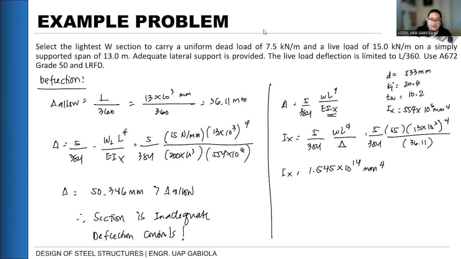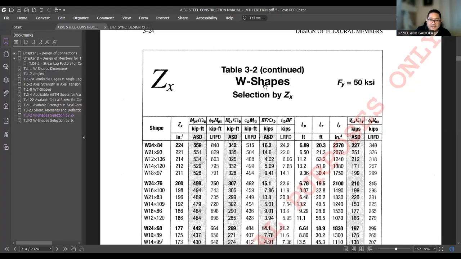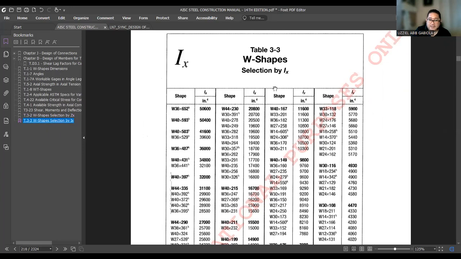So, punta tayo kay AASC. Yung kanina, selection ng shape by ZX. Pag tingnan natin yung table 3-3, selection by IX siya. No? So, kailangan yung mm to the fourth natin na na-calculate dun sa table natin, i-change natin into inch to the fourth. No? So, convert lang natin.